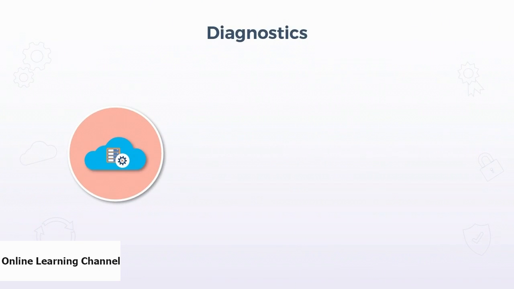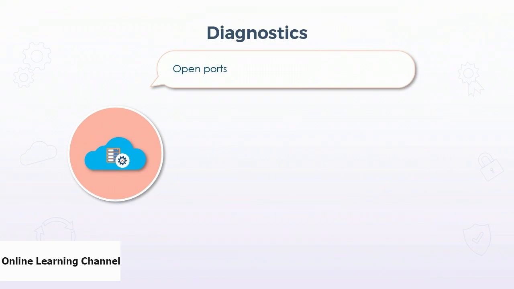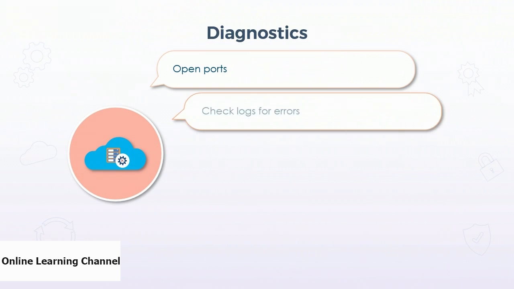When diagnosing a connection error, here are some steps you can take. Sometimes connectivity errors are caused by communication ports that aren't open, either through incorrect port configuration or being blocked by a firewall. So check that appropriate communication ports are open by testing communication to them. Always check server logs to see if there are any clues to connectivity errors.